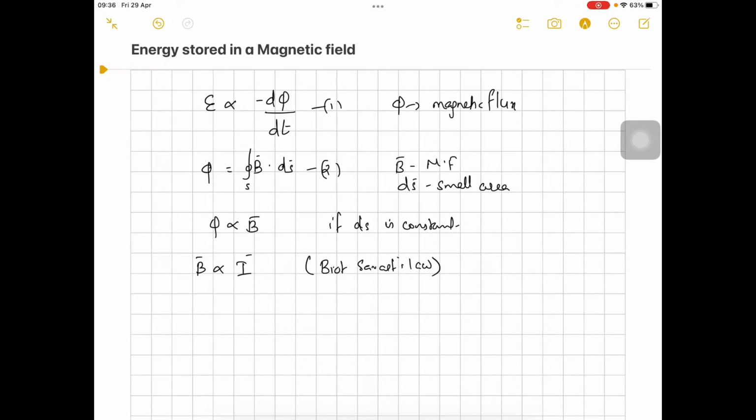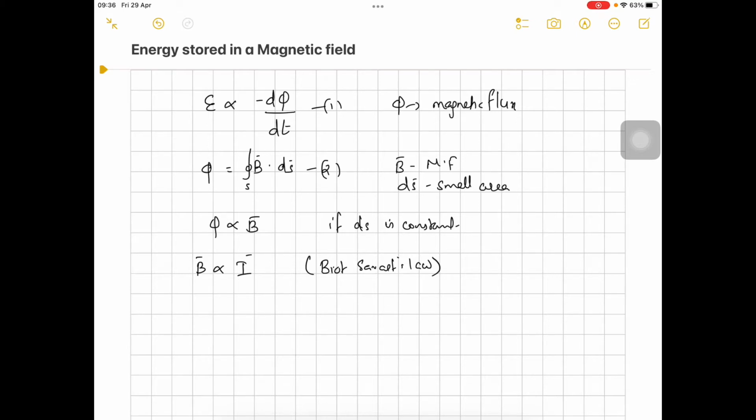So when the current in the coil is increased, the magnetic field also increases. When the magnetic field increases, flux phi is also increasing. This flux is changing, which means it will induce an EMF.